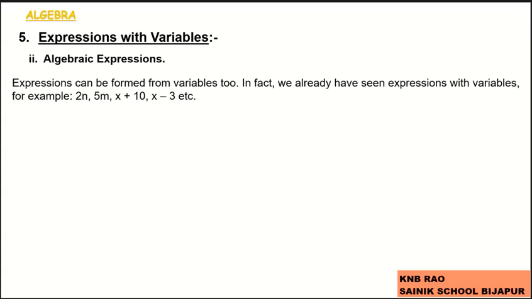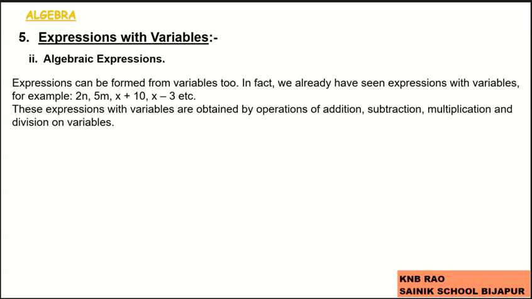In fact, we already have seen some expressions with the variables. For example, 2n, 5m, x plus 10, x minus 3, etc. These expressions are obtained by operations of addition, subtraction, multiplication and division, but on variables.